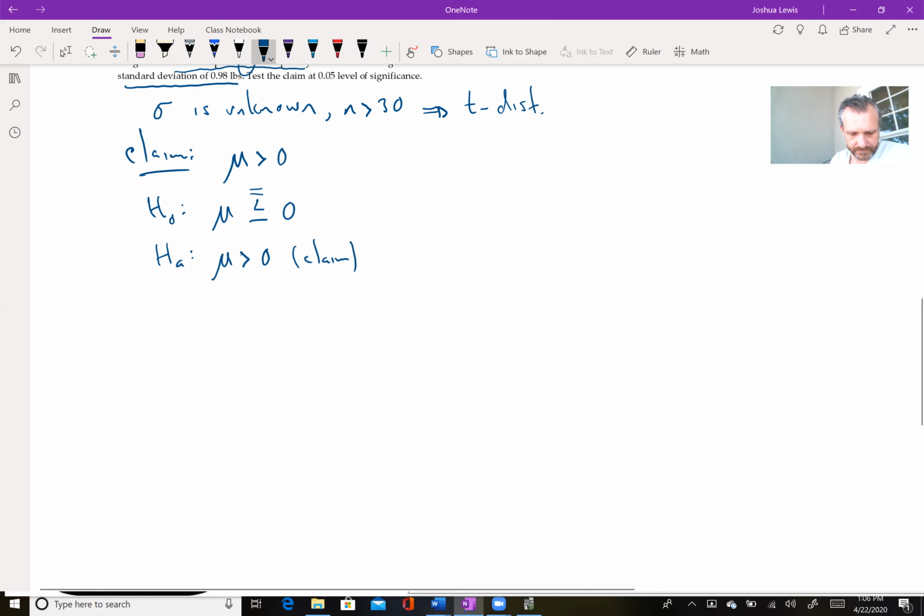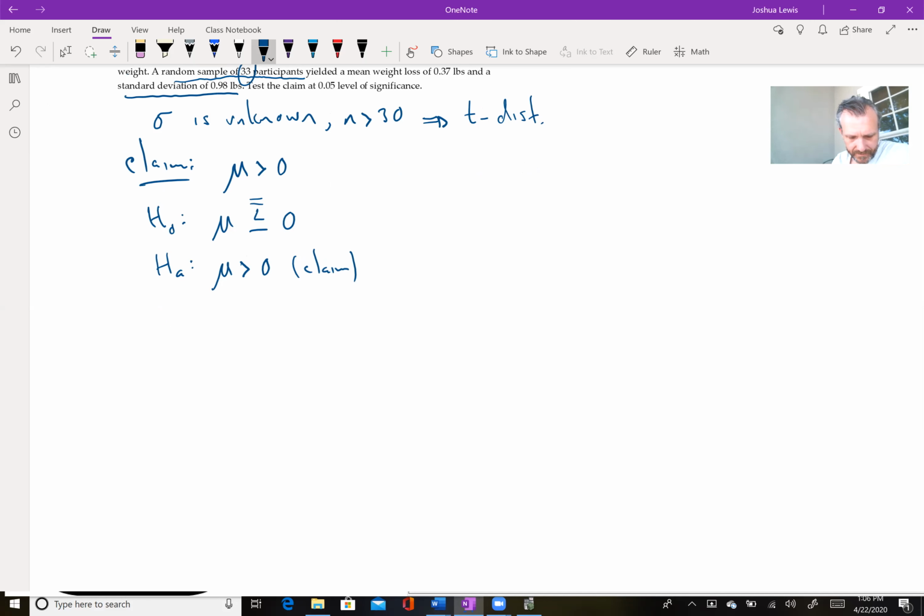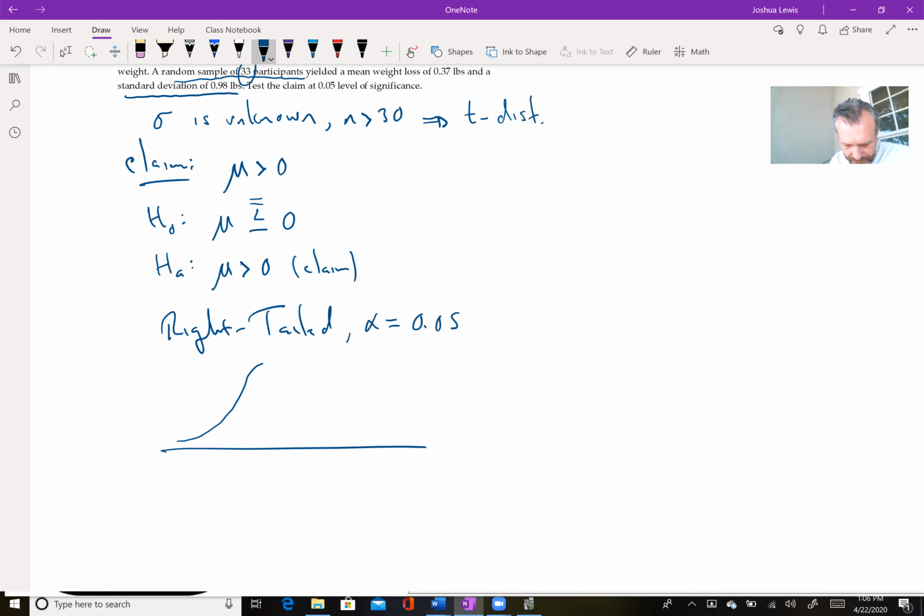All right, so let's see. This is right-tailed. And alpha is again 0.05. And so that area is 0.05.